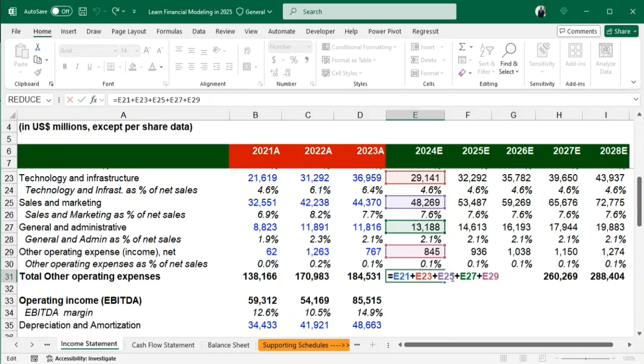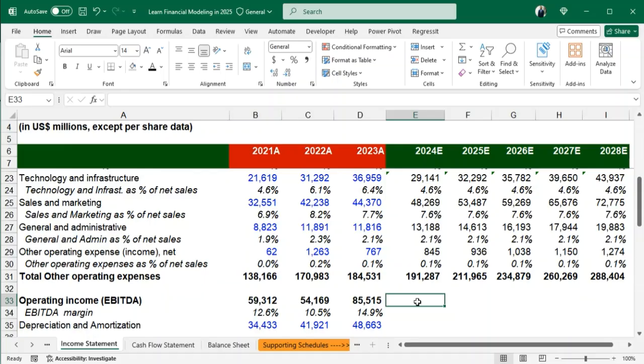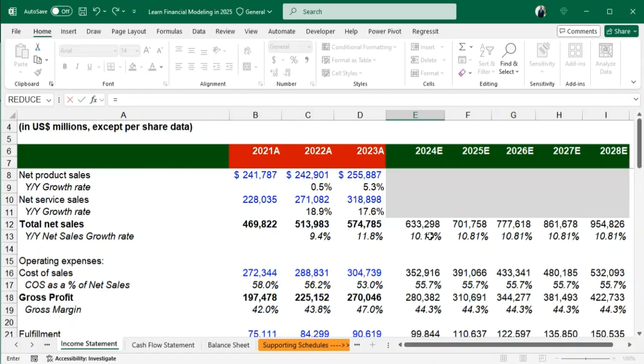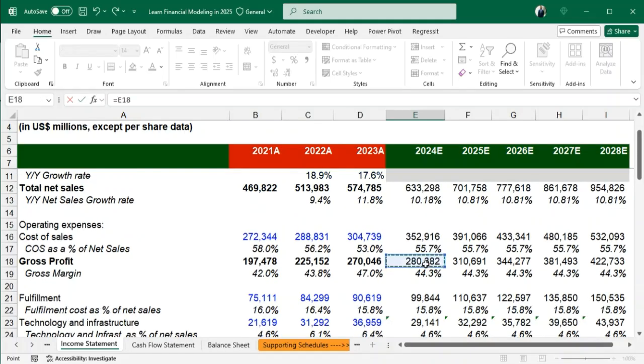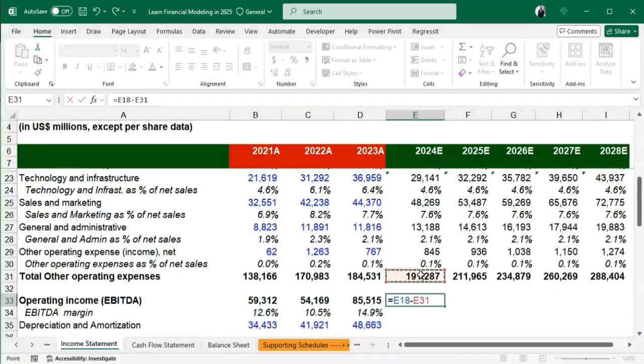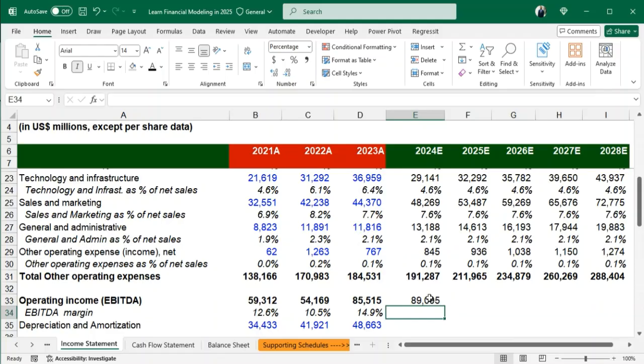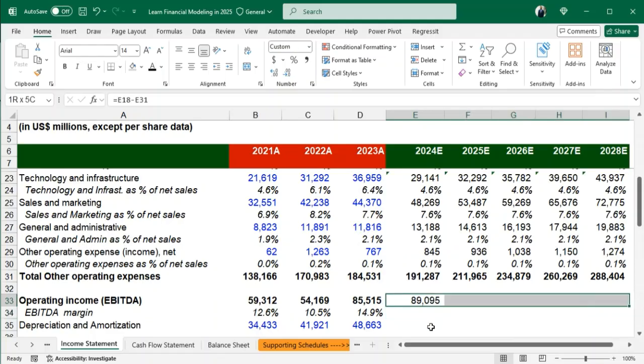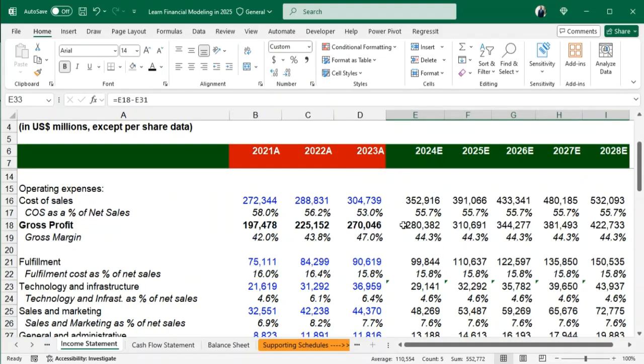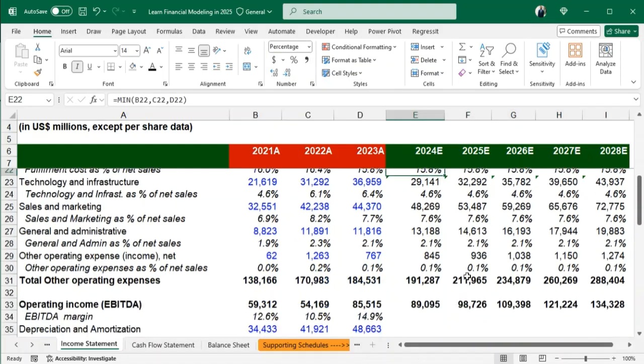And then with that, we can calculate our EBITDA, or our operating income, which is equal to our gross profit minus our total other operating expenses. So that is that. I can copy this to the right using Control R, and also bolding that using Control B. Also come to the top here and bolding my gross profit as well for the estimates as well there.